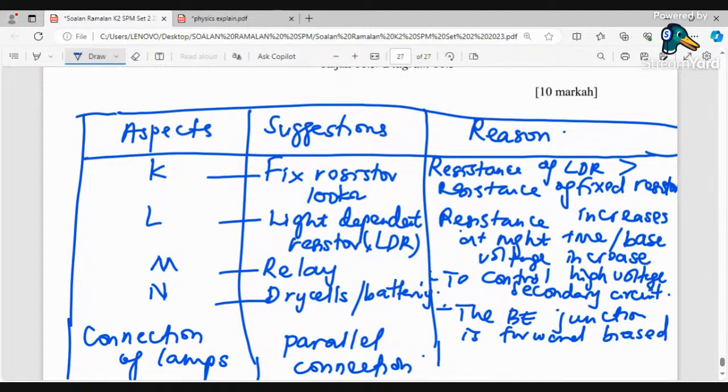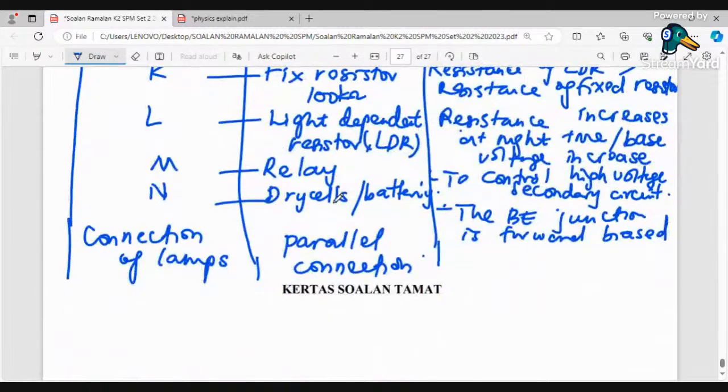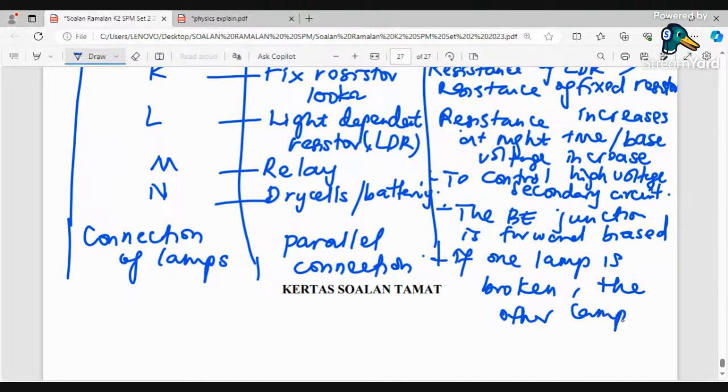Okay. Okay, untuk lamps, okay, if one lamp broken, the other lamp still function.